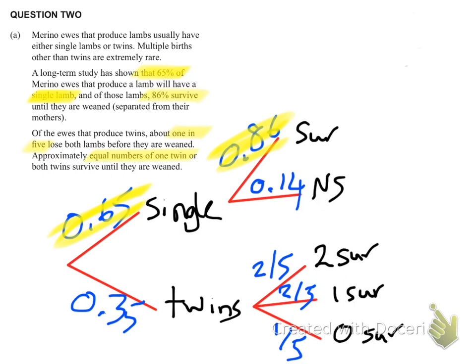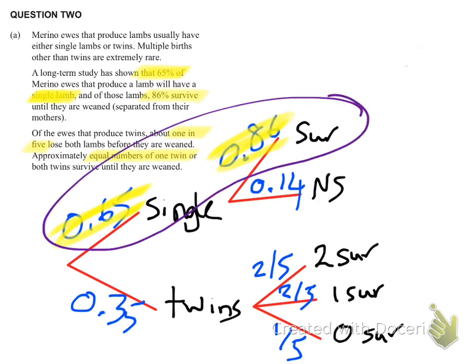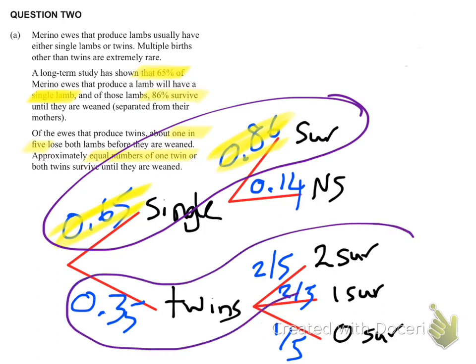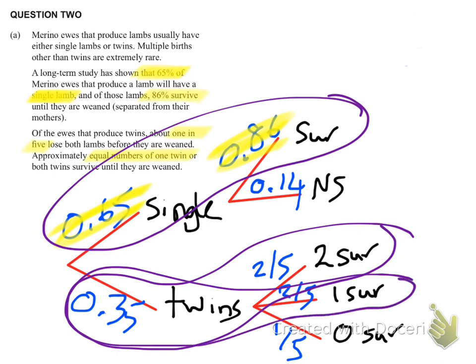Okay, so I'm looking at surviving. So either it's a single who survives, or it's a twin who survives, where 2 of them survive, or a twin where 1 of them survives. So there's 3 different combinations that we've got to take into account, not 2.